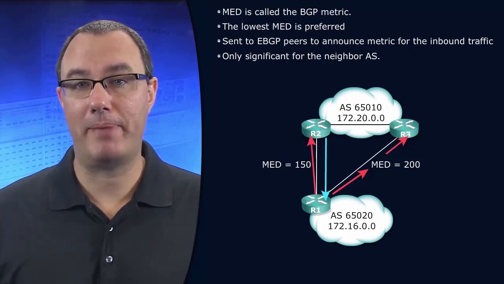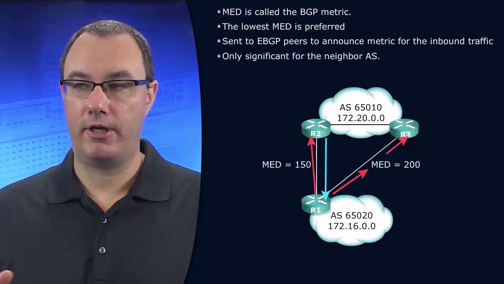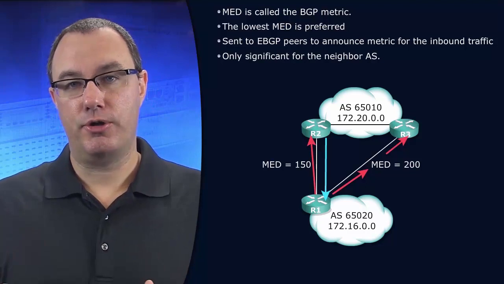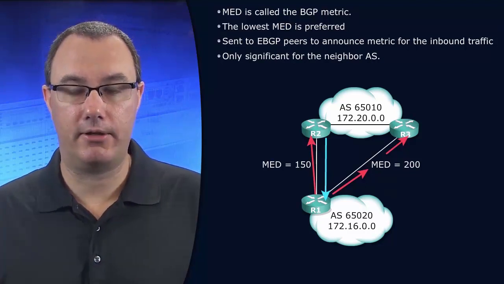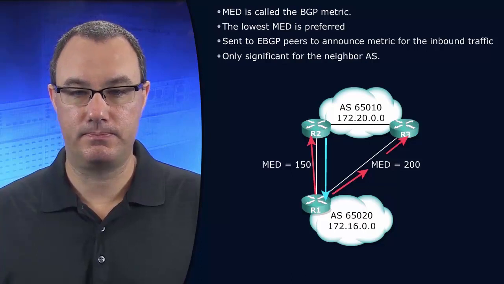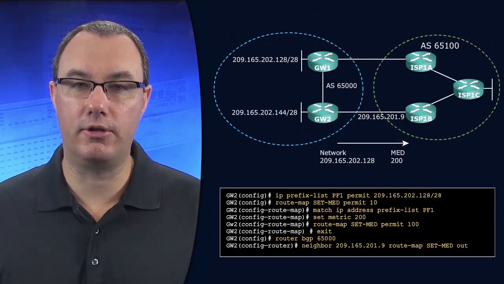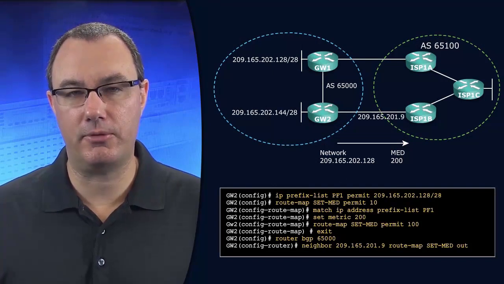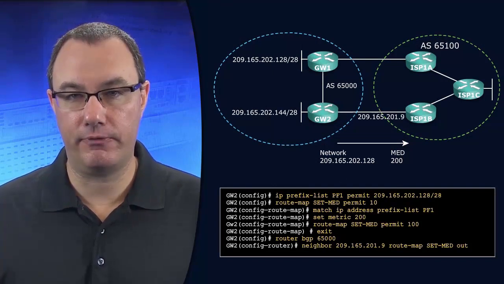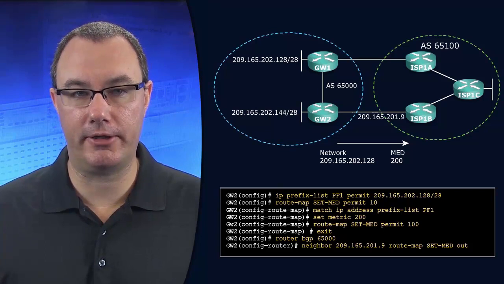So this is a very powerful way of making sure that you're using the proper links between you and an adjacent autonomous system. We can learn a lot from an example such as this, which is going to demonstrate to us how we could influence the multi-exit discriminator.